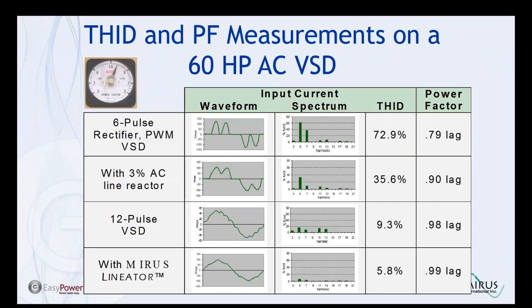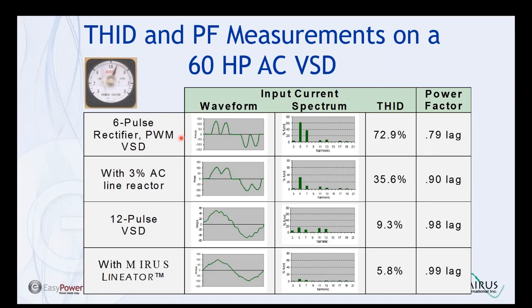In this slide, we show the relationship between waveform distortion, harmonic current spectrums, total harmonic current distortion, THID, and power factor. So the first example is a typical three-phase, six-pulse PWM variable speed drive.